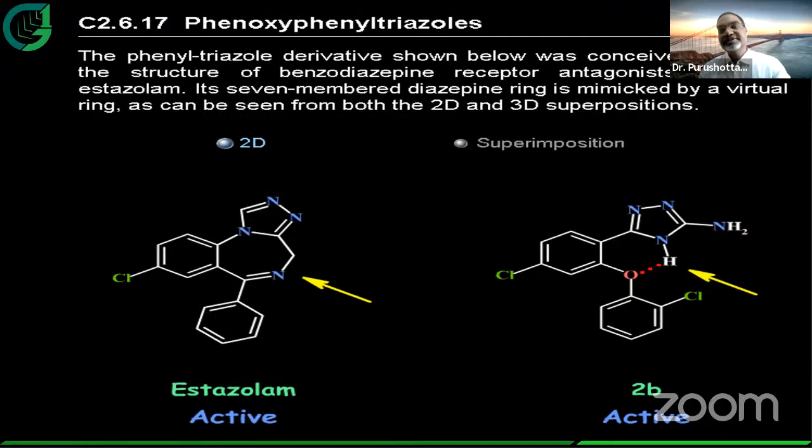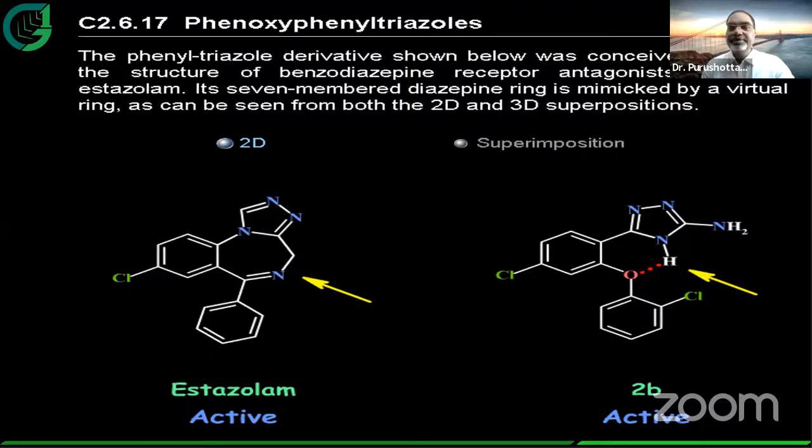We have earlier seen that the 6-membered ring has been broken down and mimicked by other internal hydrogen bonding forming moieties. Here, similarly, we are breaking down the 7-membered ring.